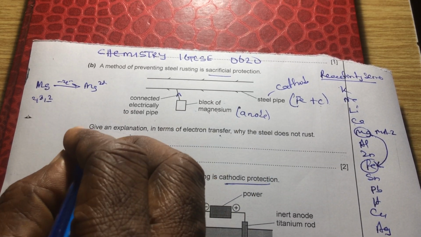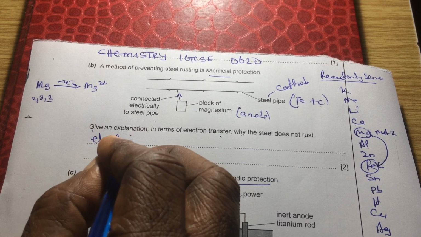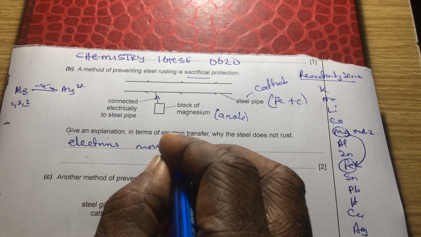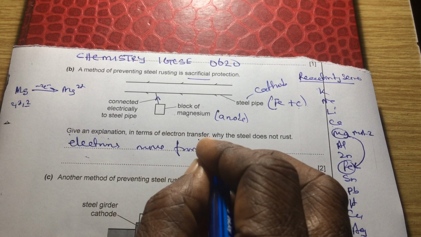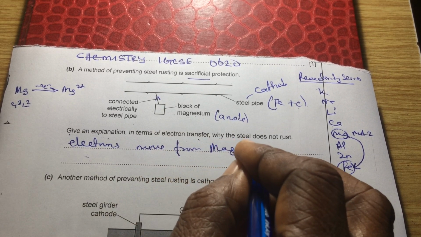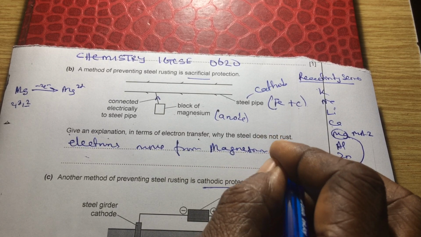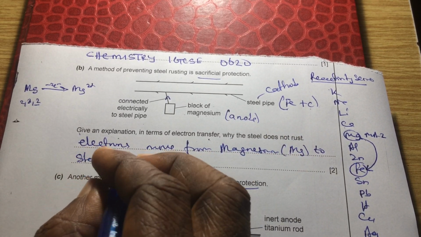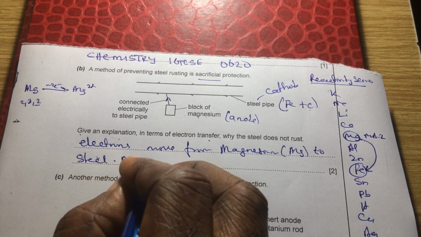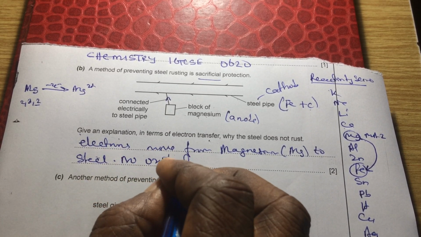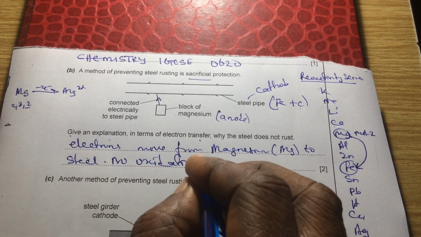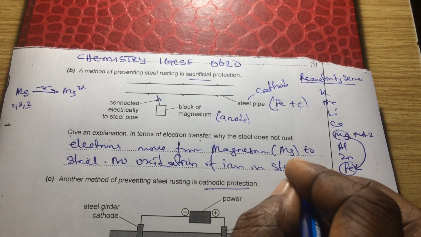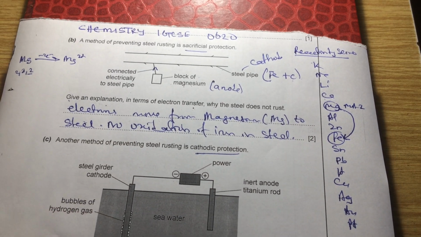Now, I can simply write that electrons move from magnesium to steel, so no oxidation of iron in steel.